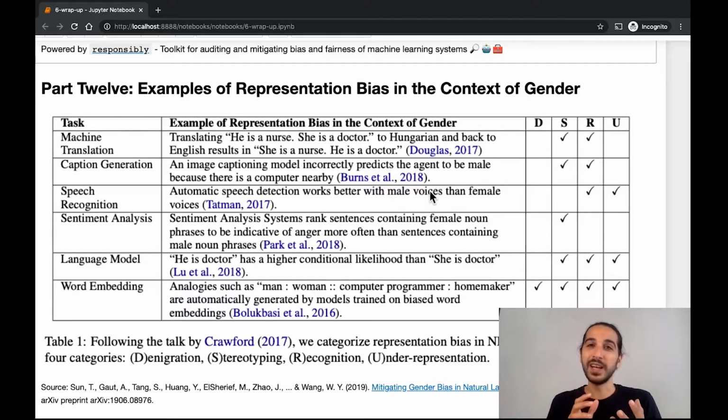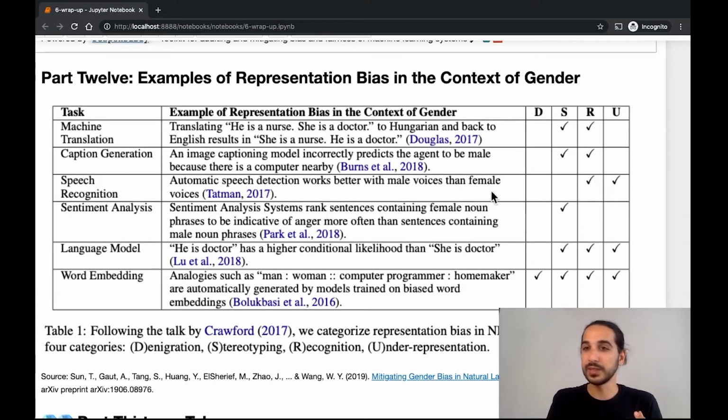Probably they didn't have so many examples in the training data set of Israeli accent English recordings and so forth. So this is another example of what we call a representation issue.